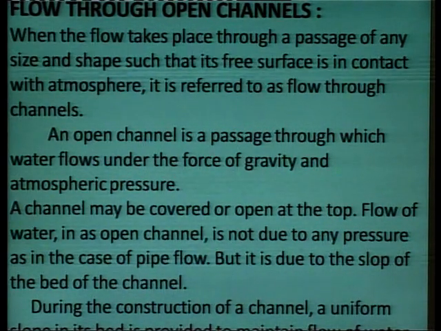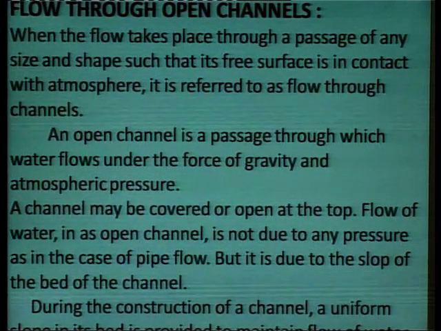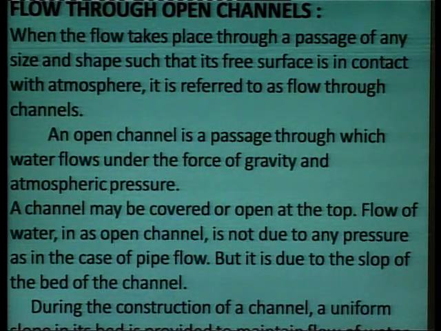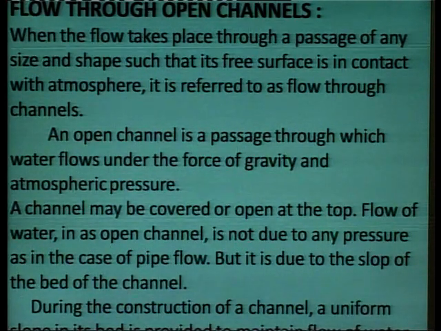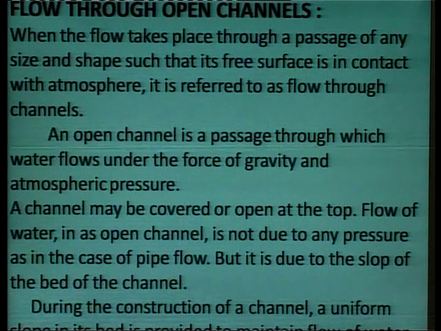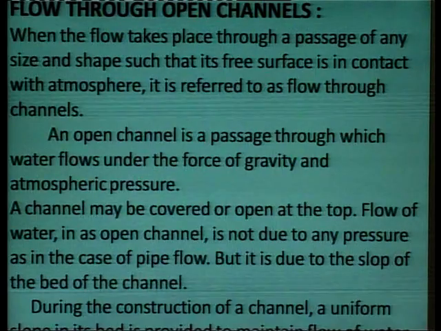A channel may be covered or open at the top. Flow of water in an open channel is not due to any pressure, as in the case of the pipes which we have discussed earlier, where the flow is under pressure. But in the case of the channel it is under atmospheric pressure, and the flow is due to the slope of the bed of the channel.